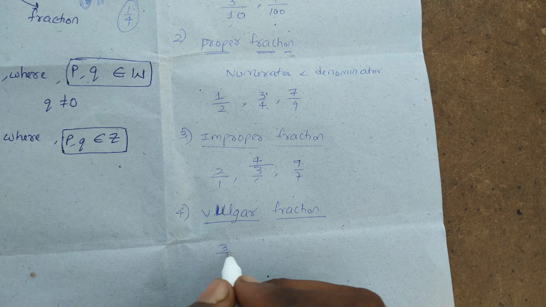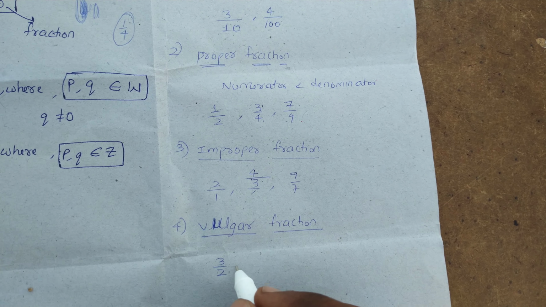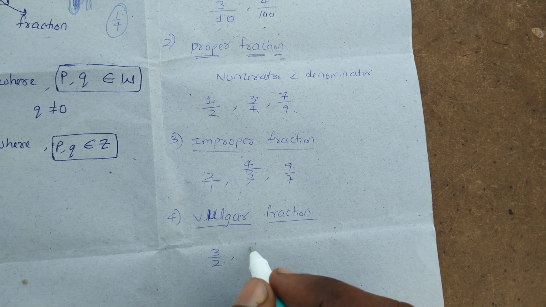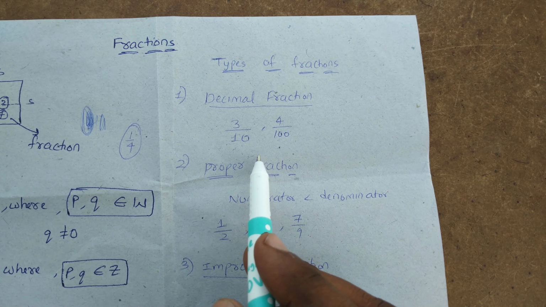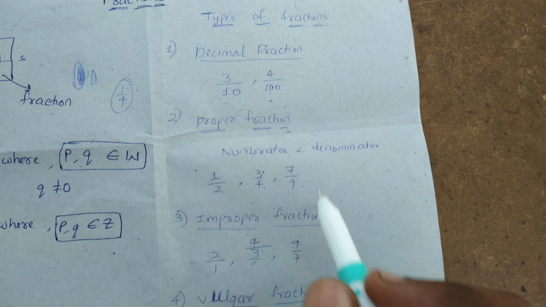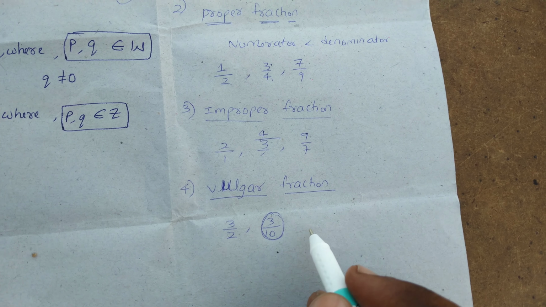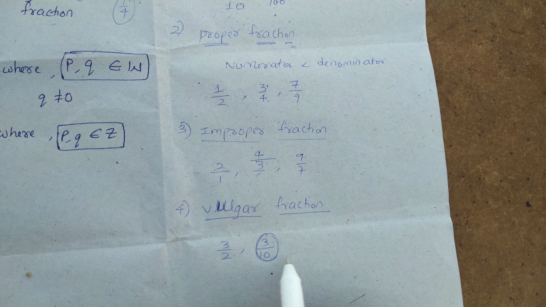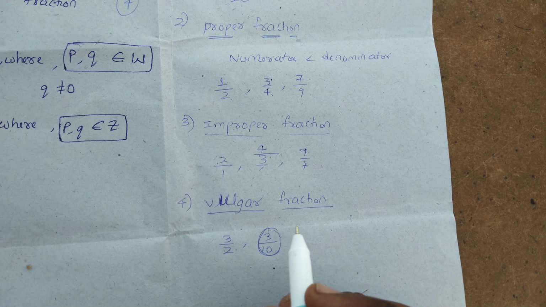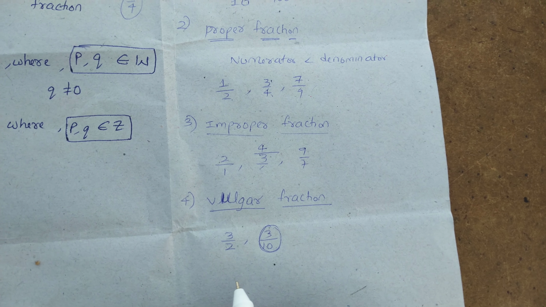That is, for example, 3 by 2, other than 10 and 100. Suppose you write 3 by 10, this will go into decimal fraction, because the denominator contains 10. Other than 10, 100, and other than multiples of 10 in the denominator, if you write any fraction, that is called a vulgar fraction.